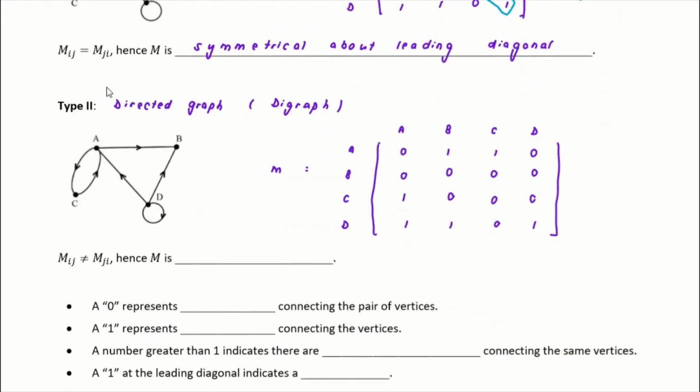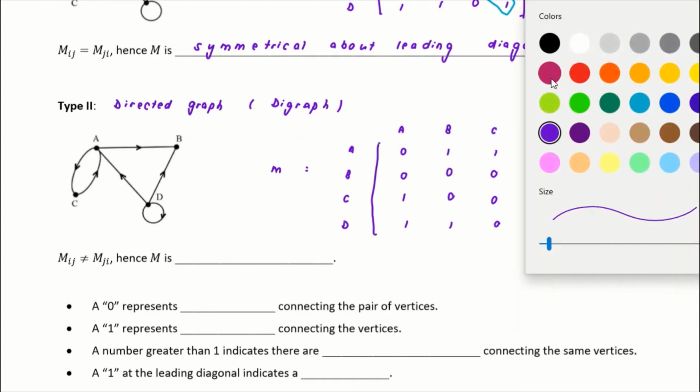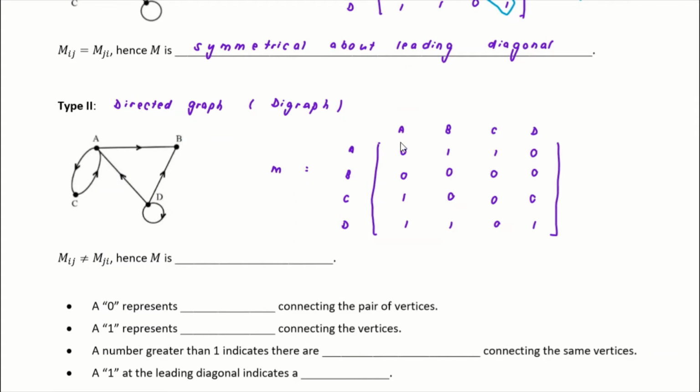You realize that something that's different is that you are still having a leading diagonal. I mean, for any square matrix, you have the leading diagonal. But when you look at this leading diagonal, it will not give you any mirror image anymore. For example, from C to A and A to C, you can still see that, because that's A to C, C to A. So an easy one is from A to B and then from B to A. Okay, why is that so?